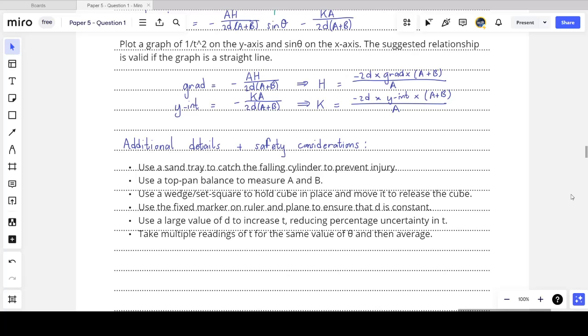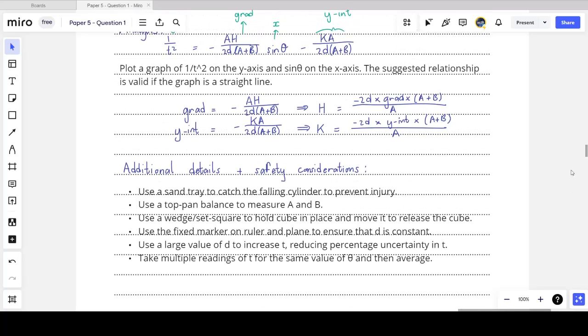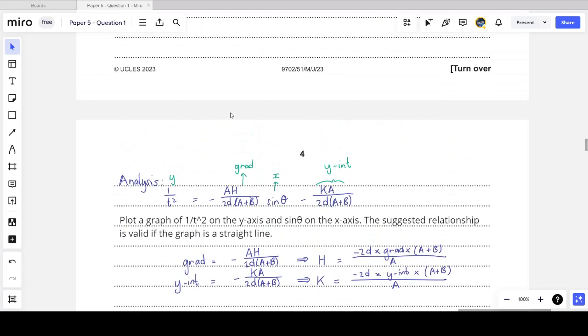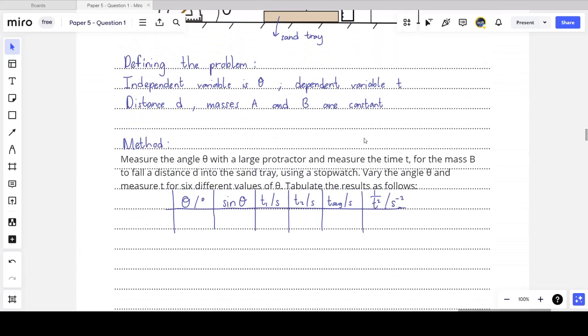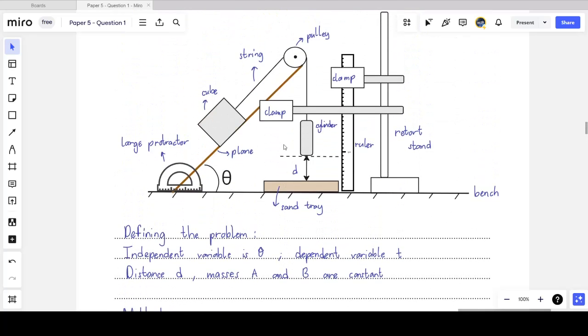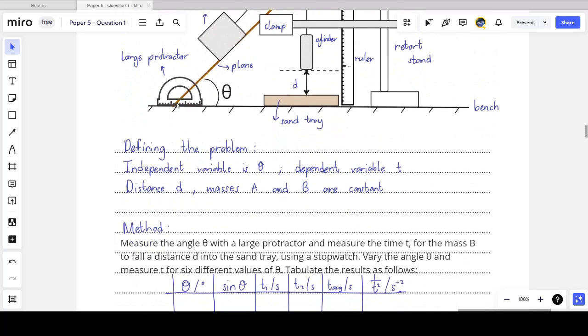Now, there are others that we included, like the suggested relationship is valid if the graph is a straight line. Sometimes you get a mark for rearranging the equation and doing the mathematics correctly. There are also additional detail marks included in our diagram, included in maybe saying a large protractor rather than just a protractor.